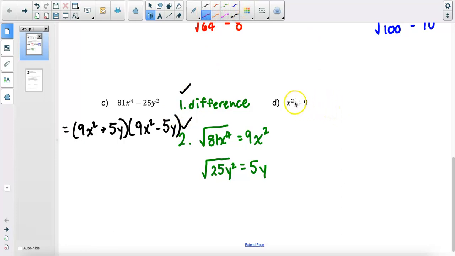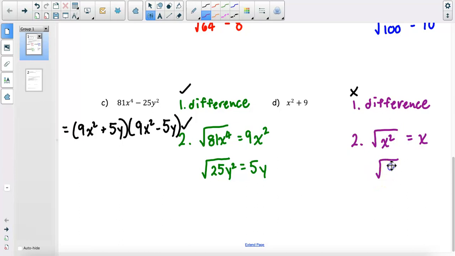So let's take a look at the last one here. Do we have a GCF? We do not. Do we have a difference between these two? Well, we can see here that we actually do not have a difference. Since we do not have that difference, if we were to keep going, you can take the square root of x squared, which is equal to just x, and you can take the square root of 9, which is simply 3.